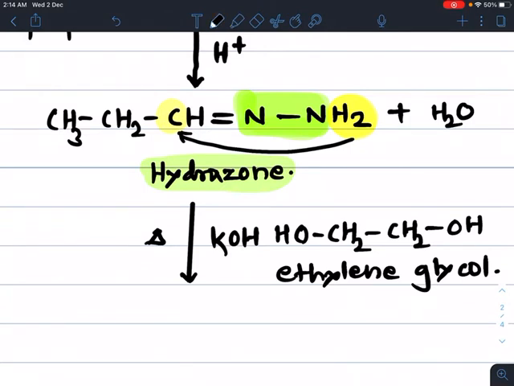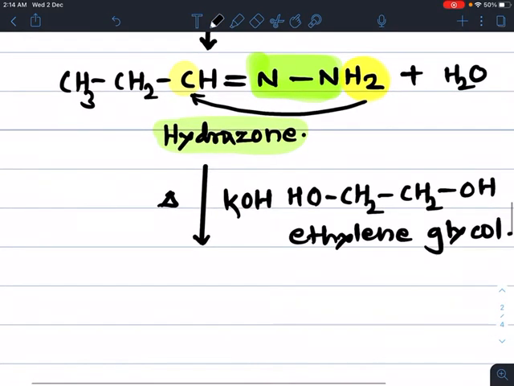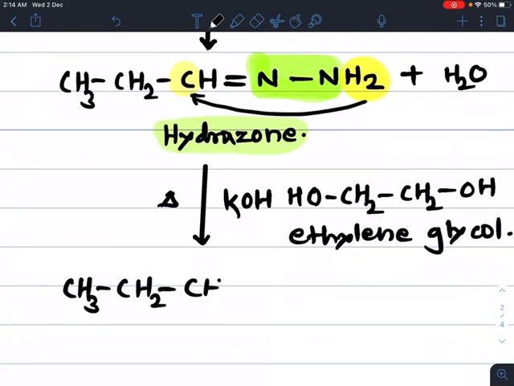We get the final product. So finally we get CH3 CH2, and this CH is converted into CH3, means from propanol we get its corresponding 3 carbon containing alkane propane with removal of nitrogen gas. N2 is removed as a byproduct.